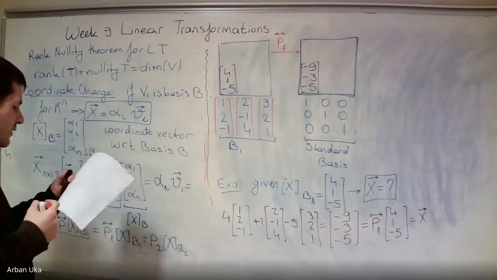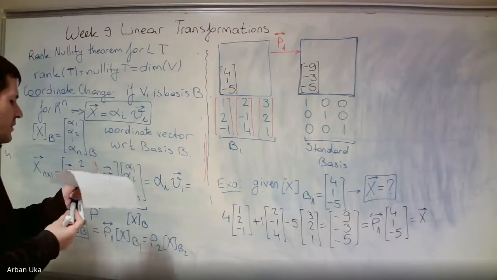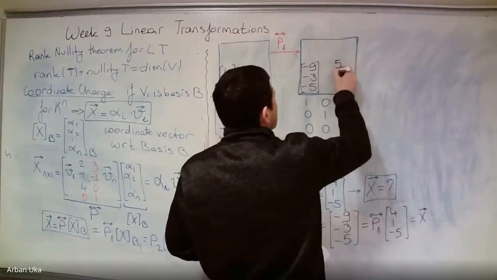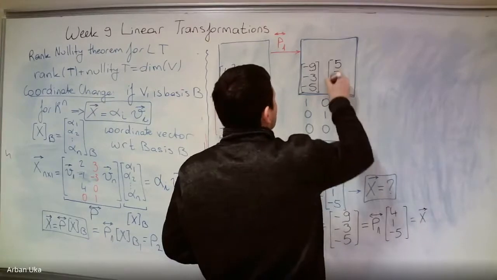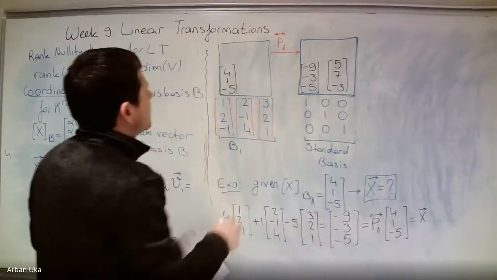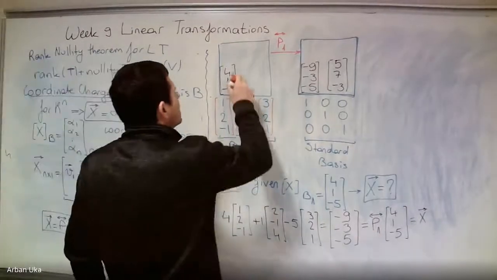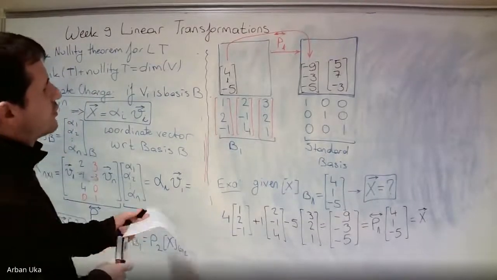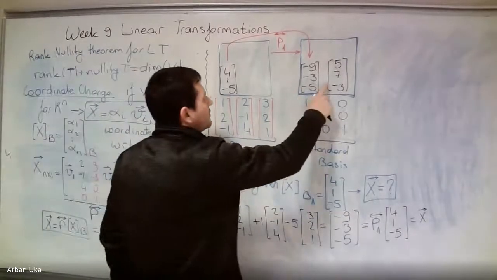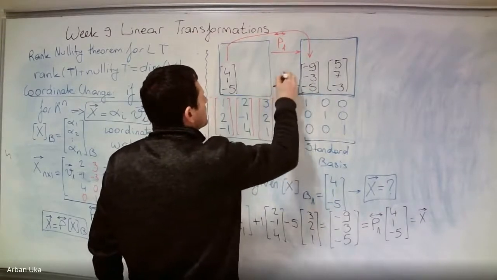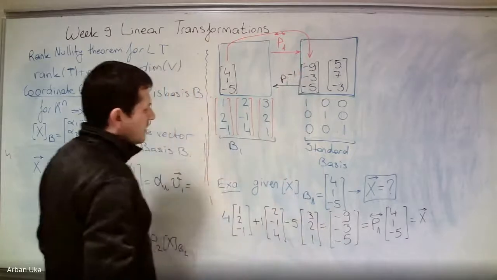We can say, if we are given a vector in the standard basis, which is equal to 5, 7, minus 3, how does this vector look like in the basis B1? We use P1 inverse. That's correct. This is what we have to do, okay? So, if we are given a vector in this domain, we can move backwards with P1 inverse, okay?